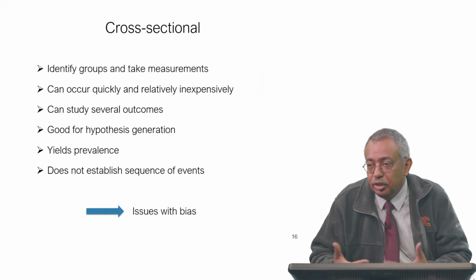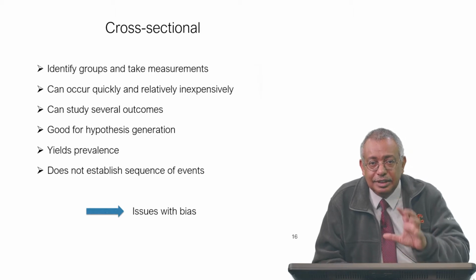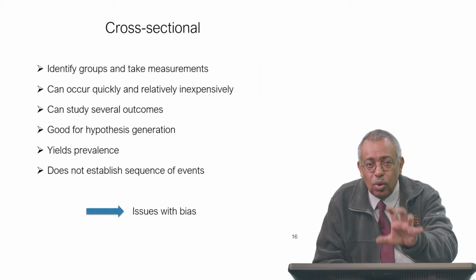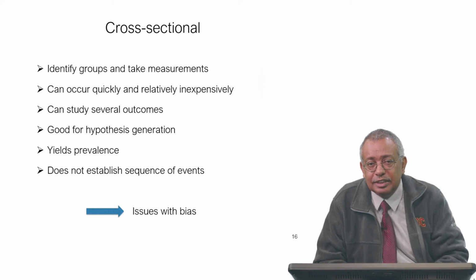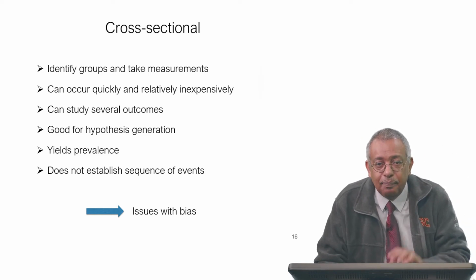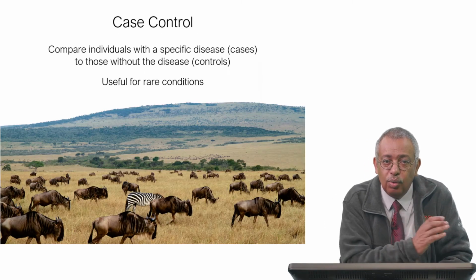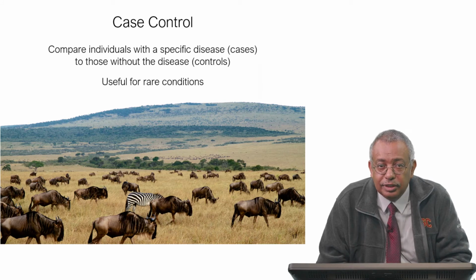It yields, for instance, prevalence estimates, but it does not establish sequence of events. And therefore, this could have serious issues with bias. And this is exactly the reason why on that spectrum of studies, it was on the left-hand side, on the low end, because of this lack of temporality or sequence in terms of how the exposure is following the outcome.